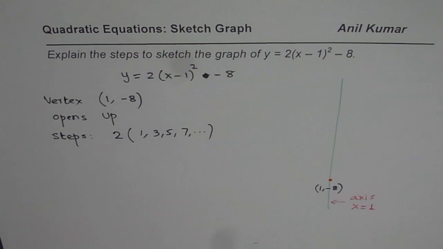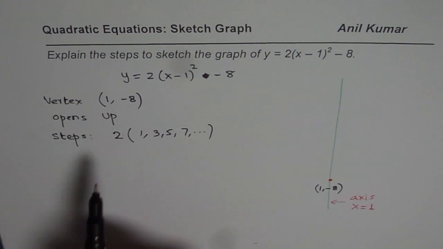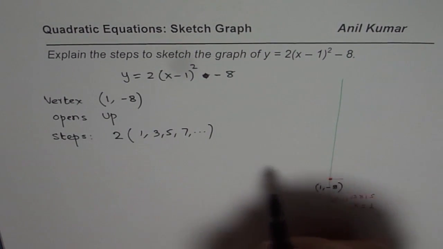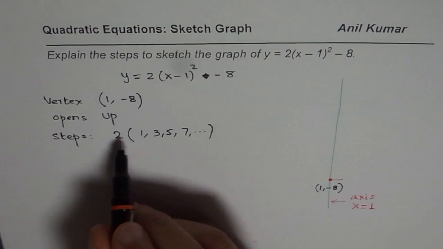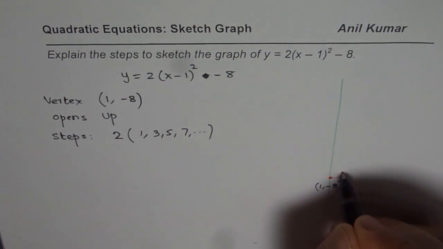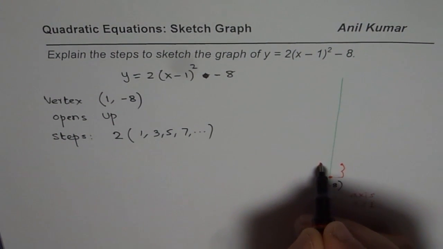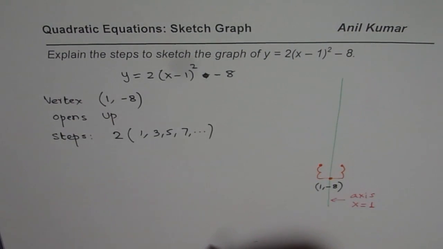Now, we have the stretch factor. The stretch factor is 2. That means first step, when you go right, you have to move 2 units up, 1 times 2. So you have to move 1, 2. So that gives you the second point. And since the parabola is symmetric about this axis, you get 1, 2. So that is your second point. You get the idea.